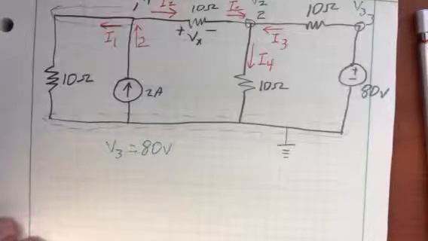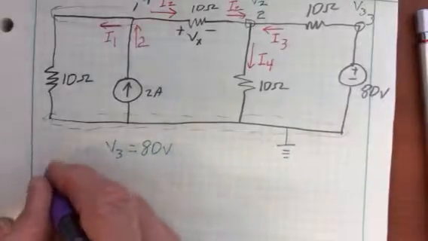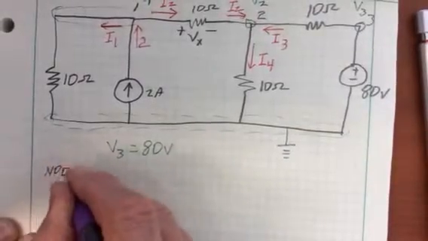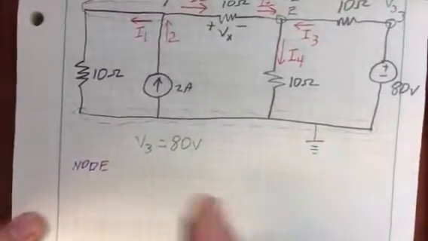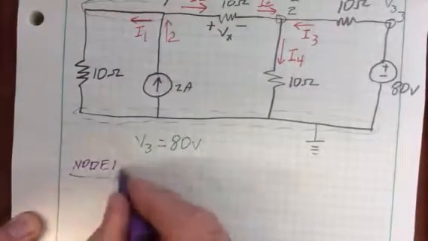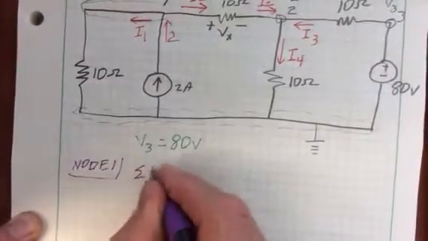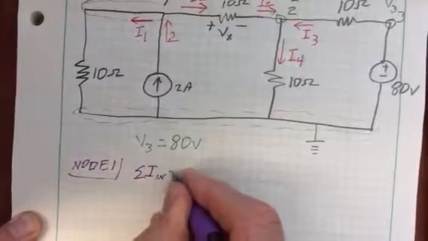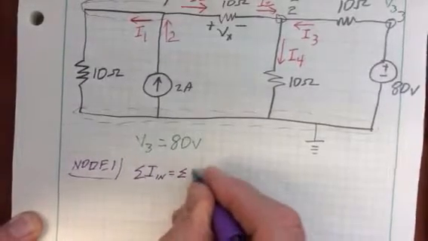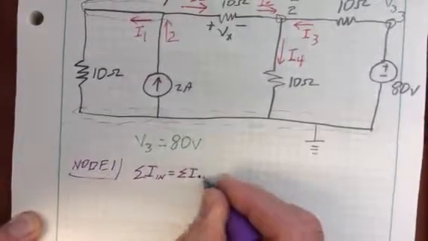For node 1, the sum of the current in equals the sum of the current out.